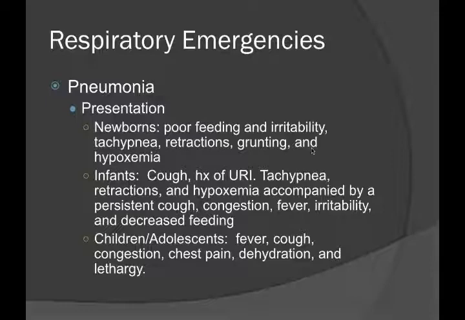And so I've certainly picked up cases of pneumonia, just a kid who just has that persistently high respiratory rate. And you're not getting some of those other clues in the history that you would with an older child. And in children and adolescents, more typical to an adult presentation with fever, cough, congestion.